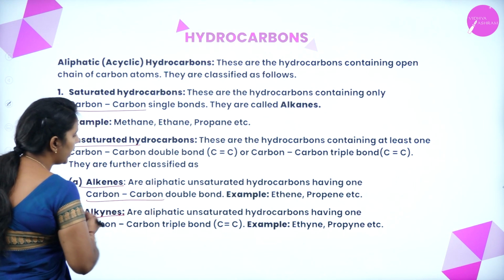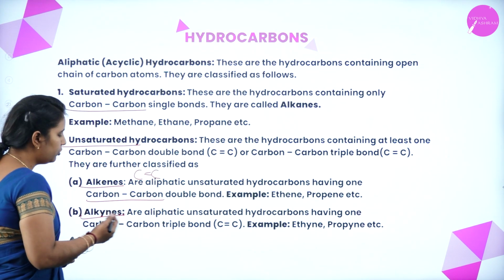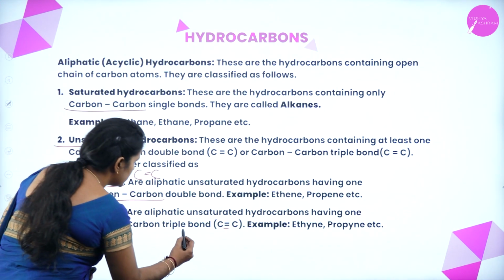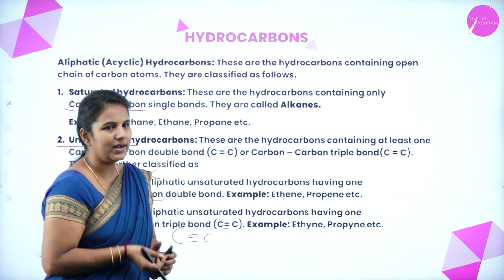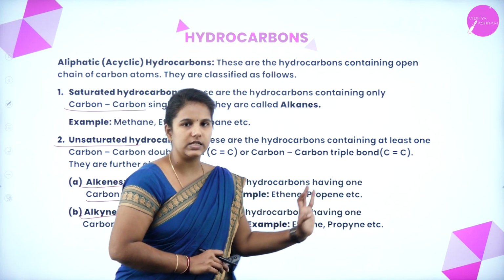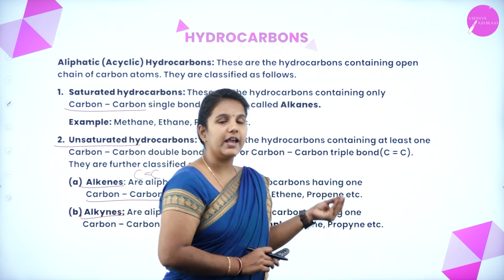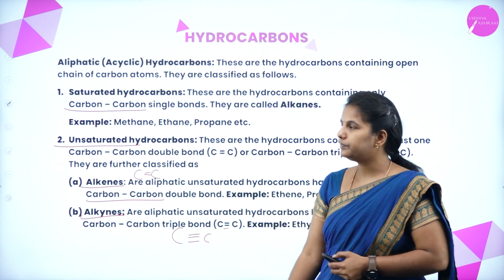Between the two carbon atoms there will be a double bond, and in an alkyne there will be a triple bond. Examples for the alkenes are ethene, propene, butene, etc. For alkynes, ethyne, propyne, butyne, like that we can name it.